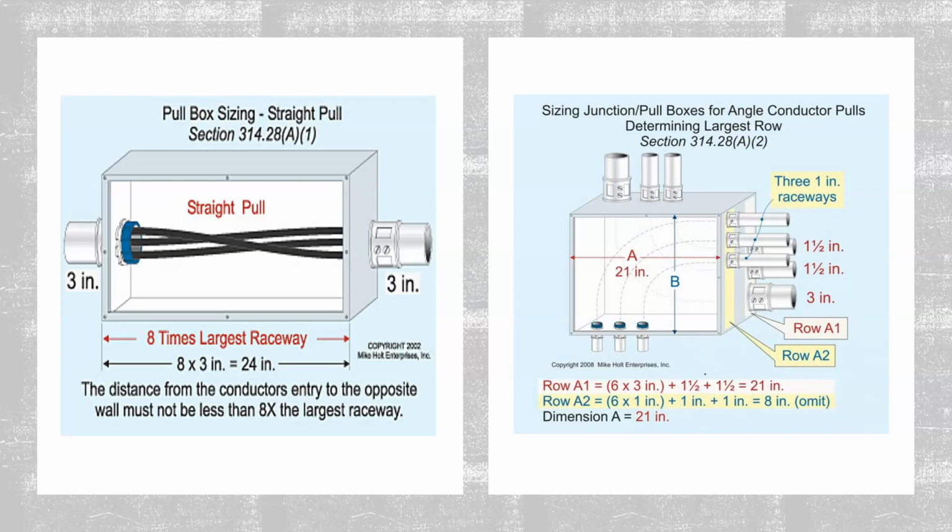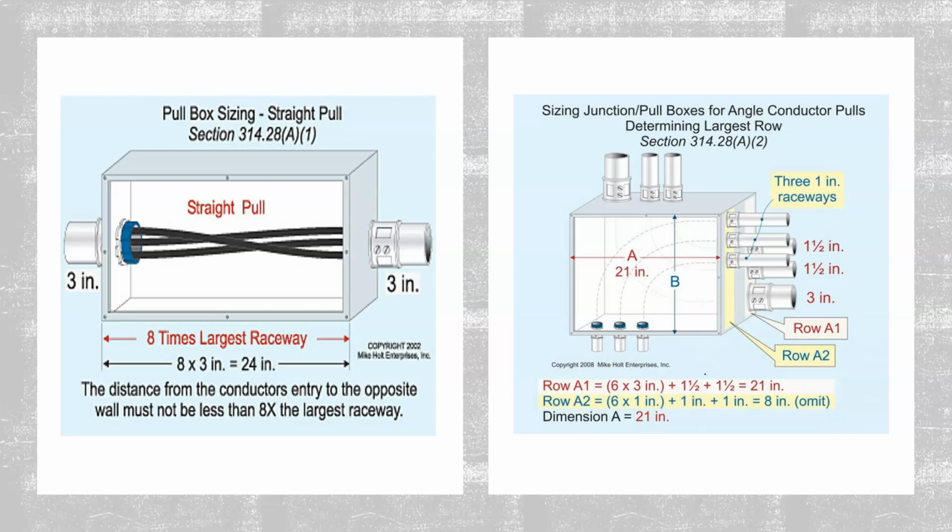Now, for our little side note about the 6 times the larger of the 2 raceways for our distance between, essentially what that means is that assuming we had the same conductor being enclosed by raceways on the side and raceways on the bottom, we would need the physical distance between those raceways to be 6 times the larger of the 2.